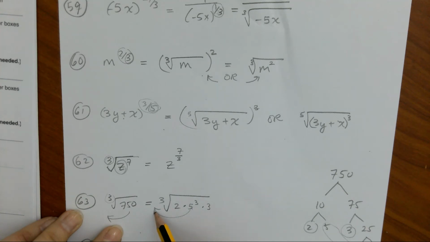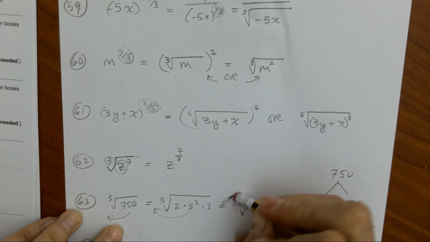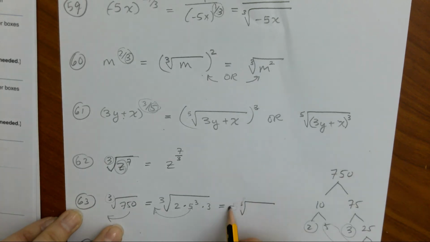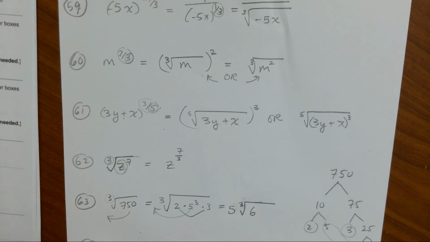When I take it out, I just write the 5 once. I'm going to write this so you can see it better. The 5 is in the front, and the 3 is the root for the radical sign. And then what do I have left? I have a 2 and a 3, and 2 times 3 is 6, so I can just write it like that. Okay? Let's look at the next one.